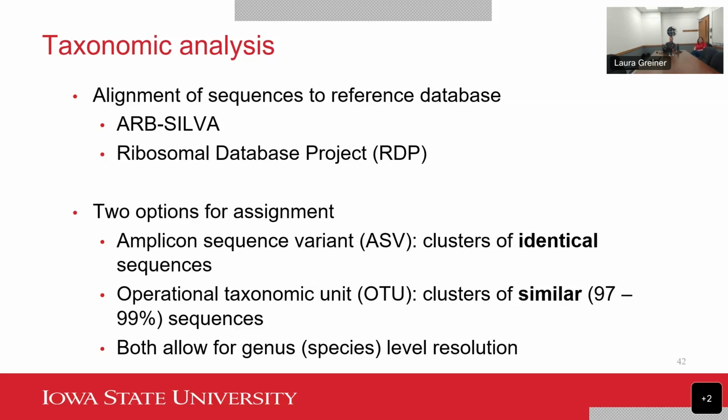We're saying those sequences are similar enough that we're going to consider them the same species. In literature, you'll see ranges from 97 to 99% similar to be classified as the same OTU. We're currently using 99% similar. But at the end of the day, both accomplish resolution at the genus and species level.